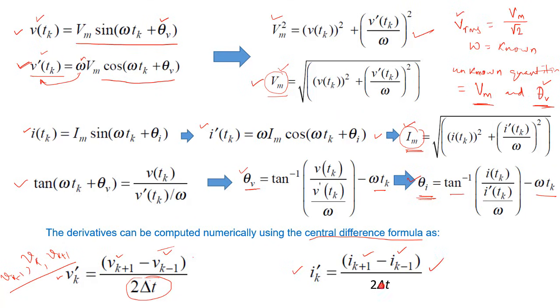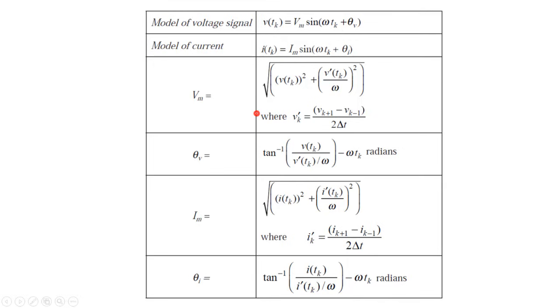Okay. So in this way, this is the Mann Morrison algorithm. If we summarize this, the model of the voltage signal is this, an undistorted sinusoidal signal, and the model of the current signal is Im sin(omega tk plus theta I). From the above derivations, we can write the equations for Vm, theta v, Im and theta I, right?